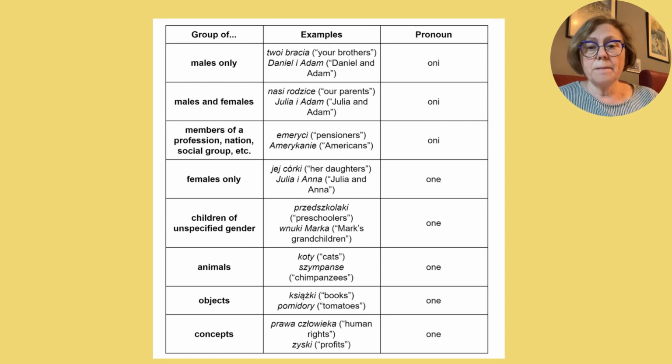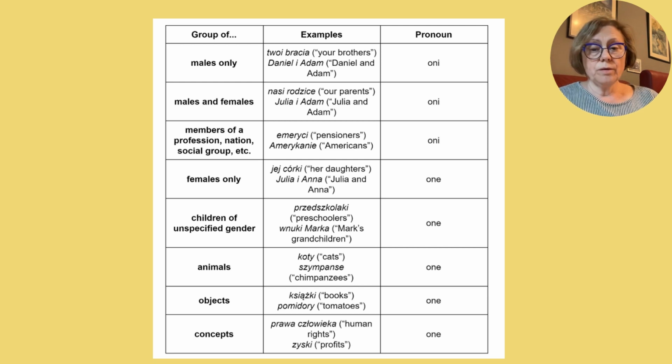Group of males only. Examples: twoi bracia, your brothers, Daniel i Adam, Daniel and Adam, pronoun oni. Now, group of males and females. Examples: nasi rodzice, our parents, Julia i Adam, Julia and Adam, pronoun oni.